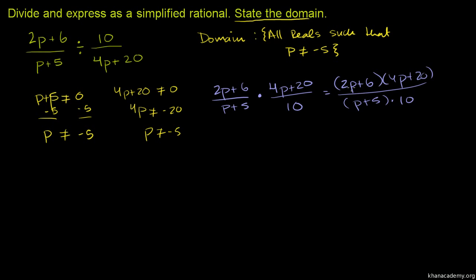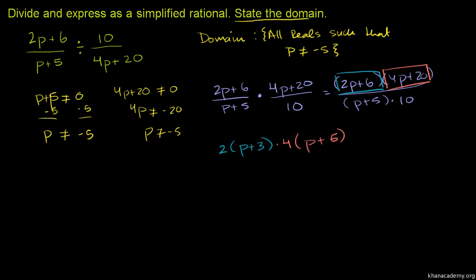And in the numerator, 2p plus 6, we can factor out a 2. So we can rewrite it as 2 times p plus 3. And then the 4p plus 20, we can factor out a 4, so times 4 times p plus 5.